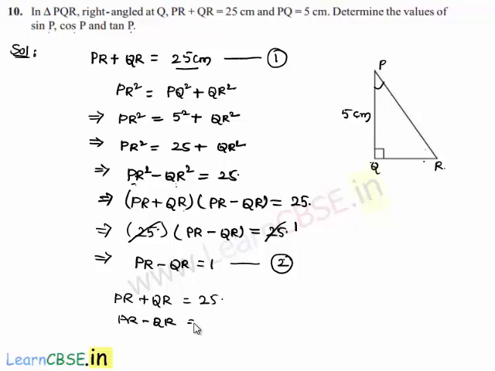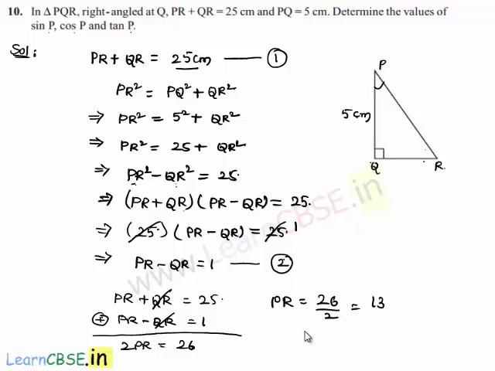By solving these equations, that is PR plus QR is equal to 25 and PR minus QR is equal to 1, let us add both the equations. We get 2 PR, and QR will be cancelled, that will be equal to 26, and thereby we get PR is equal to 26 by 2, that is equal to 13.